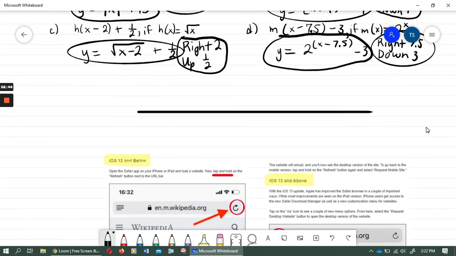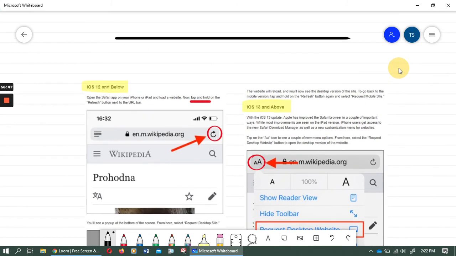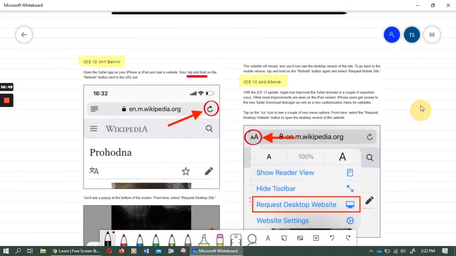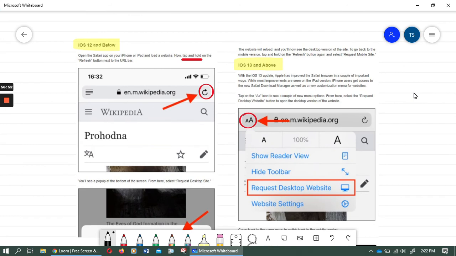But I do want to make mention, guys, that some of the Delta Math assignments that I'm going to show you again, to make sure that you know exactly how you are to complete it, some of those Delta Math assignments, and I'm talking to my students who are enrolled in my classes at our school, will have it so that you're going to have to actually click and drag some of those points.